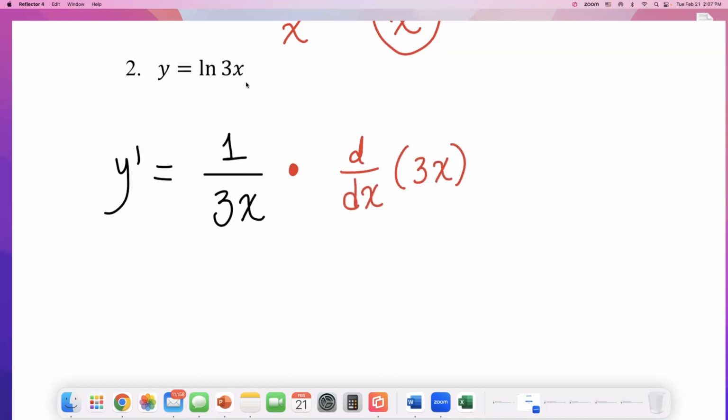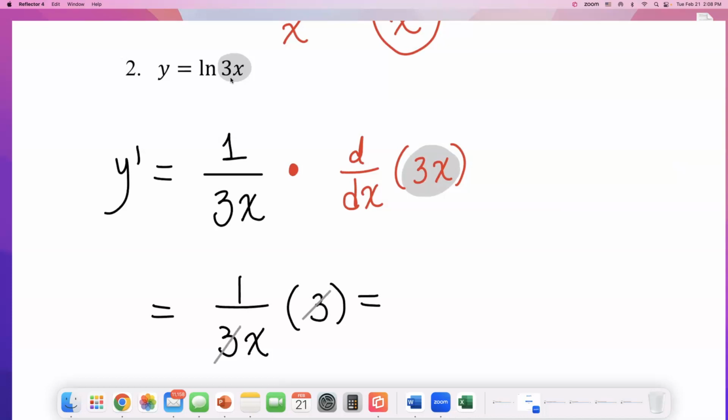Now, I kind of wanted to save this for the next page, but if the log argument is more than just x, you have to find the derivative of that 3x, that log argument, and multiply by your work. Okay, so that's going to be 1 over 3x times, what's the derivative of 3x? Just 3. So what will happen is these 3's will cancel out and leave you with the final answer of 1 over x. A little different, right?